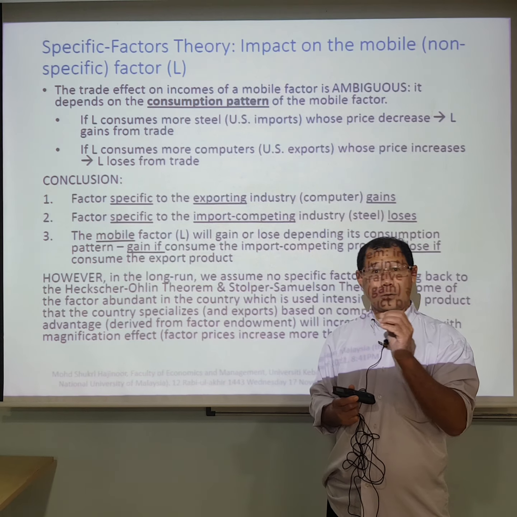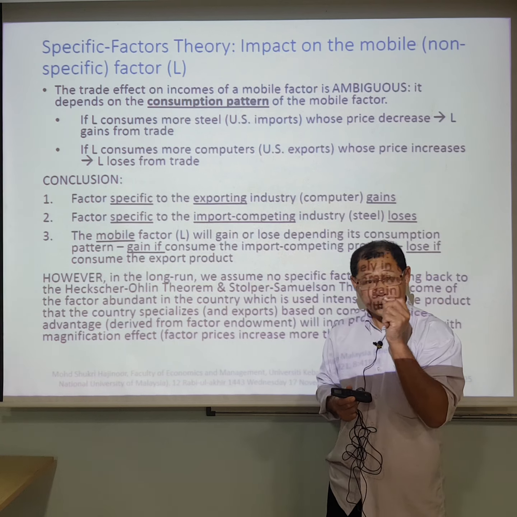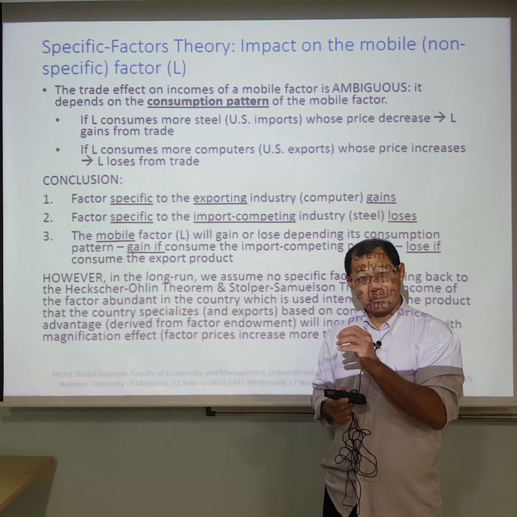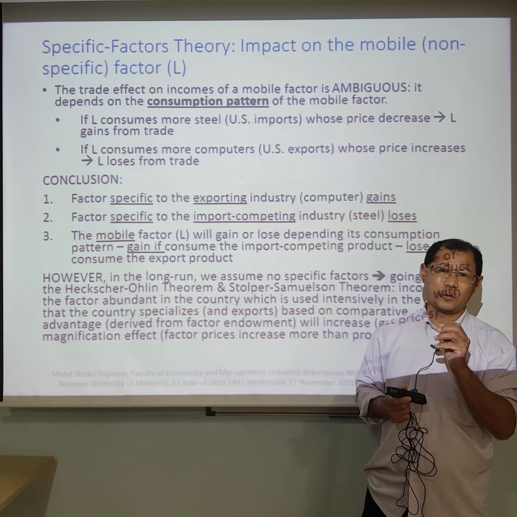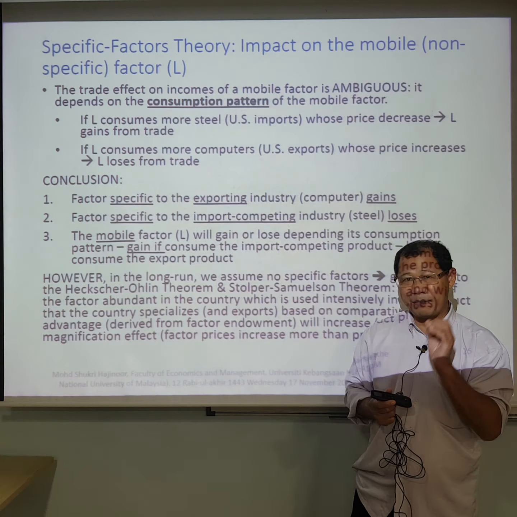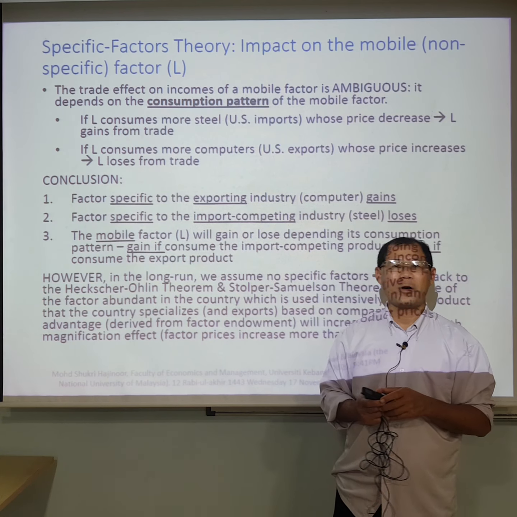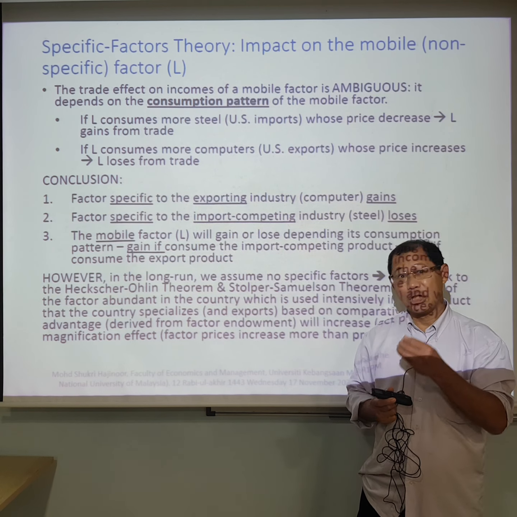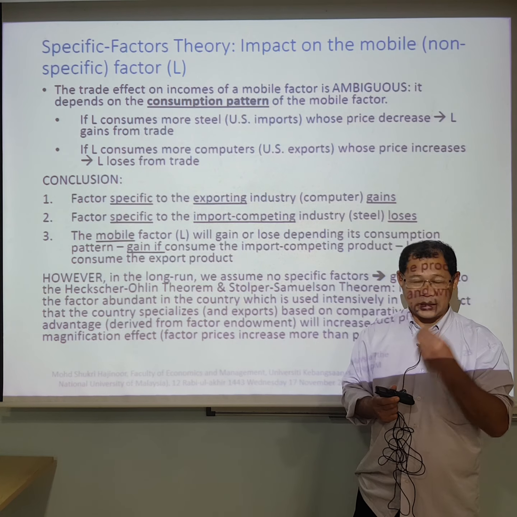So, as a conclusion, when there is a factor specific in the short run, the factor which is specific to the product that the country exports will gain, whereas the factor specific to the products which the country imports will lose. Whereas for the labor, it is ambiguous, it depends on which product labor consumes more. If labor consumes more of export products, labor will lose.